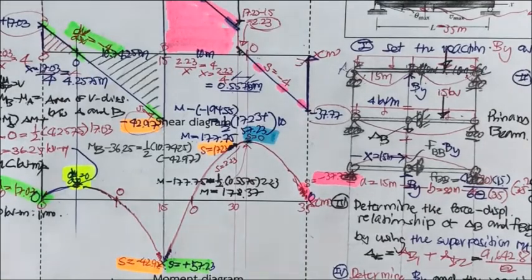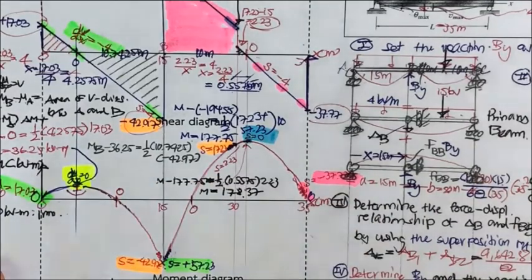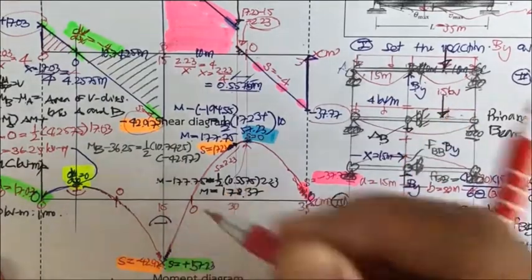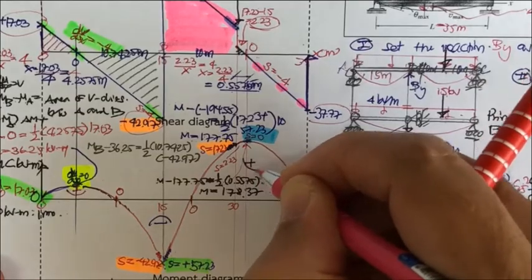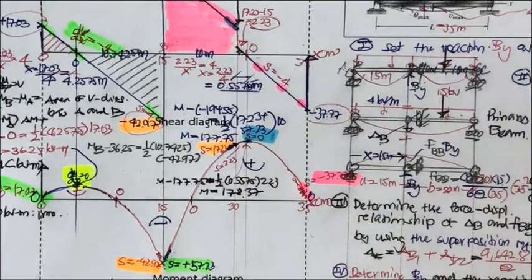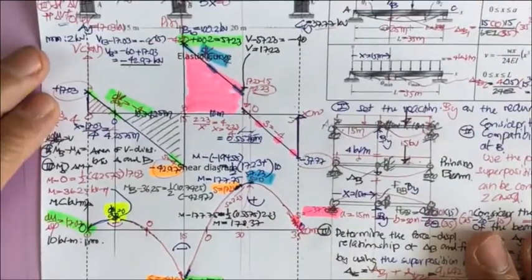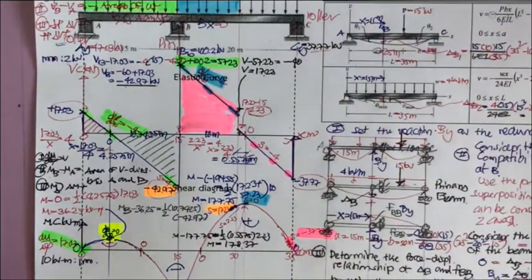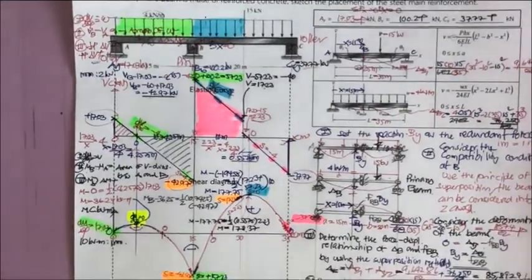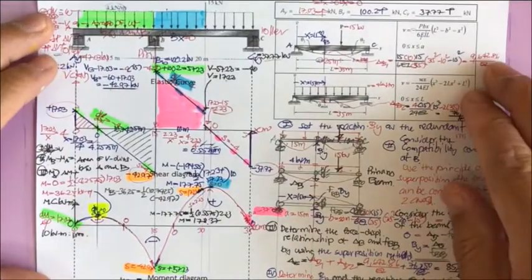Now you may think this one is going to be positive. Okay, this one is negative, and this one also be positive. Based on this, you may draw the elastic curve of this. Okay, may come here a little bit down. Let's make this one a little bit zoom out. If you zoom this one out, it's going to be a little bit clearer.